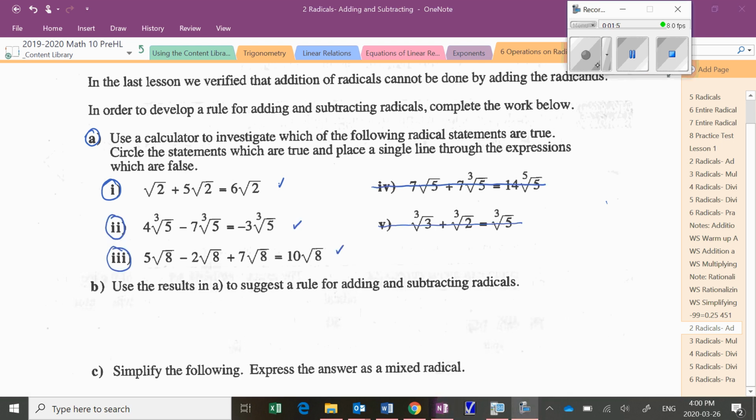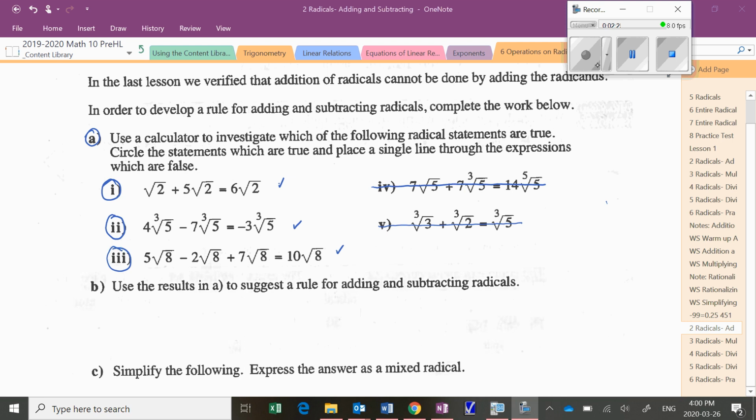Okay, and so when we test all of those examples out, what we recognize is that 1, 2, and 3 were true, and 4 and 5 were false. And so just paying a little bit closer attention, why is it that 1, 2, and 3 worked and 4 and 5 didn't? And so that's that investigation piece. So what patterns do you notice?